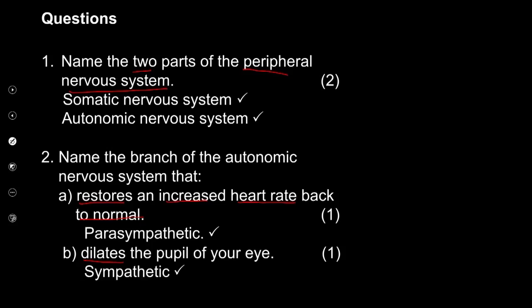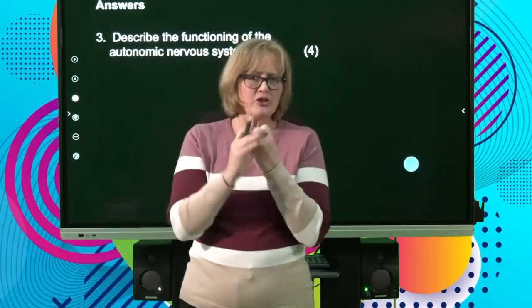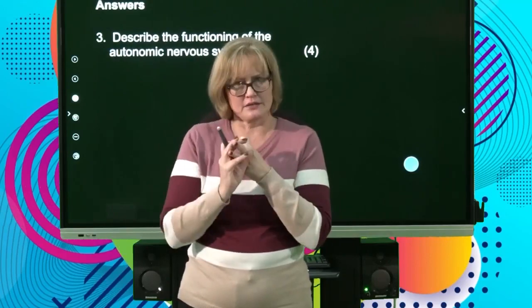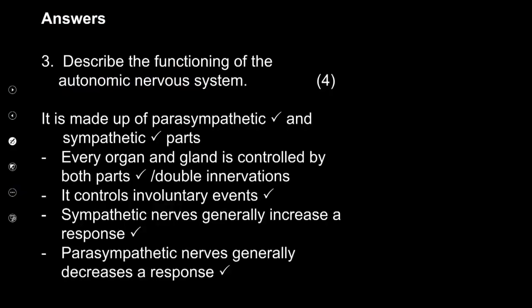Then, next, describe the functioning of the autonomic nervous system. So you have to tell them what it is composed of and what it does. That's basically what they want there. So let's have a look. It is made up of the parasympathetic, you see already got a mark there, and sympathetic. Already 2 out of 4, just by saying that. Every organ and gland is controlled by both parts.